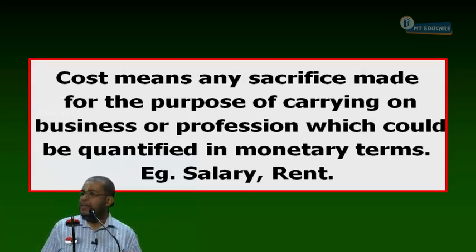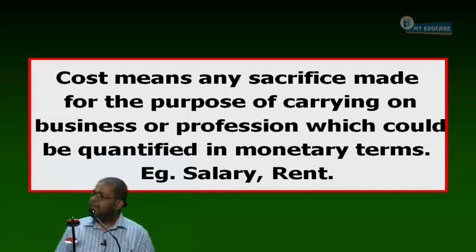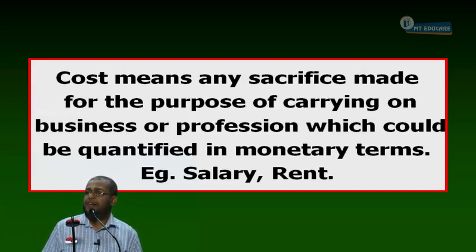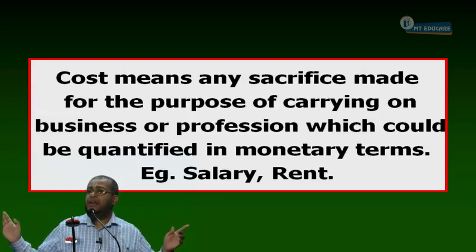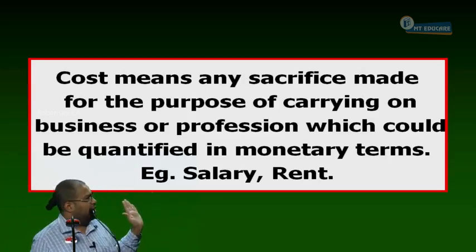I pay some money, I sacrifice money that can be quantified. Why do I purchase material? For doing the production, or carrying on my business. Every item where a sacrifice is made for the purpose of carrying on the business or profession can be classified into the term cost. Whatever fits into this definition will be called cost in our subject. Understood or not?